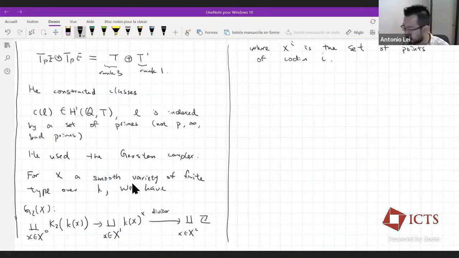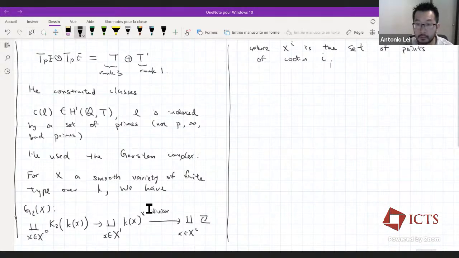Small k_x is just the function field at x, and x0, x1, x2 are the sets of points of codimension i in X. So I have the K2 of this function field, and then I have just the function field, and I look at the non-zero elements in this field. Going from these functions, I have some divisor map, and that gives me this disjoint union indexed by X2.